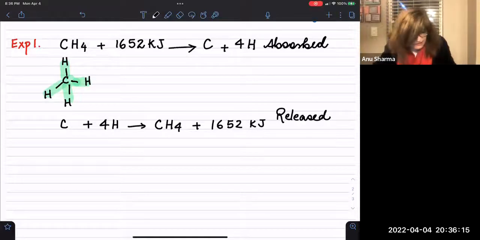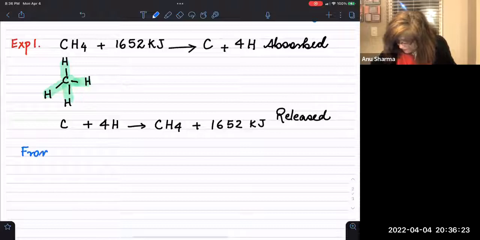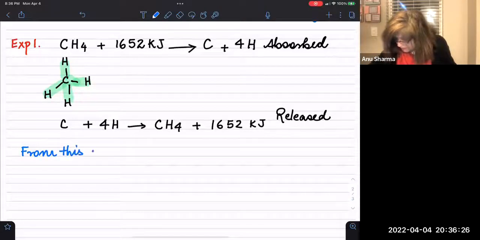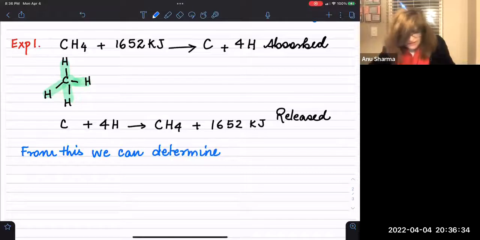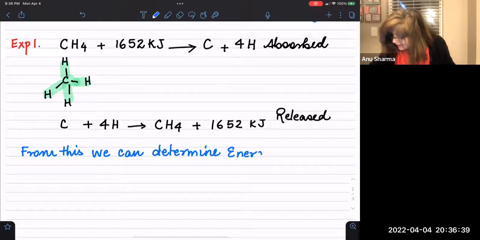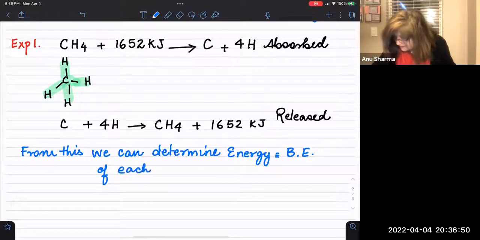But now we can find the energy of stabilization of each CH bond. So from this, we can determine the energy, and that is equal to the bond energy of each CH4 bond.